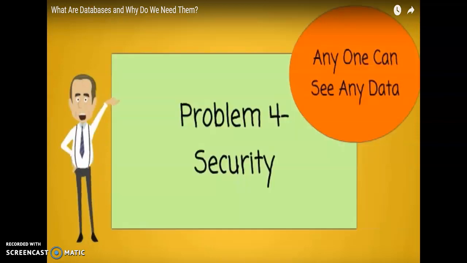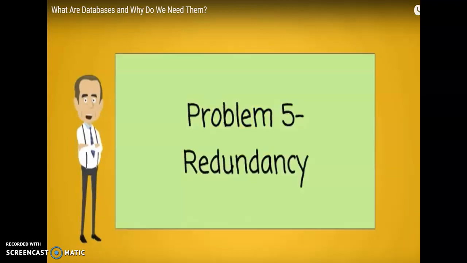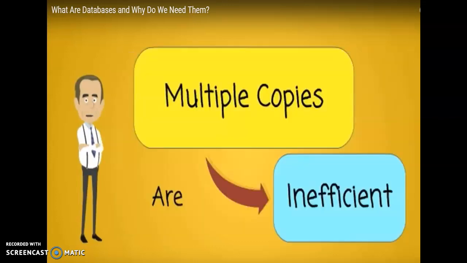The next problem is security. Any person can see any data. If you're using the file system, there won't be any security of data. Some business functions need to have security. The next problem is redundancy. Redundancy means multiple copies stored at different locations.